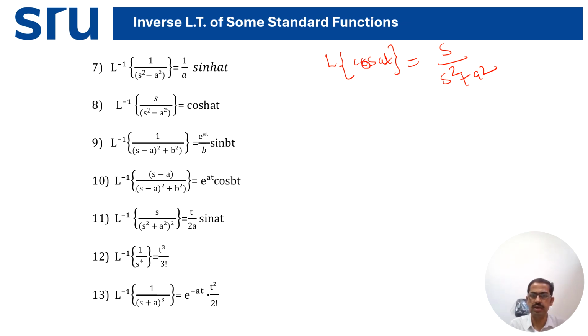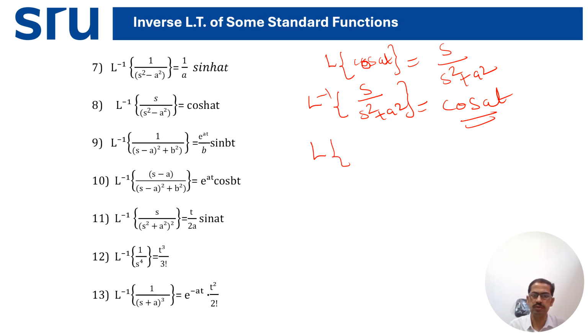Now the inverse Laplace transform of s by s square plus a square is cos at. Simple. Similarly, cosh at and sinh at.